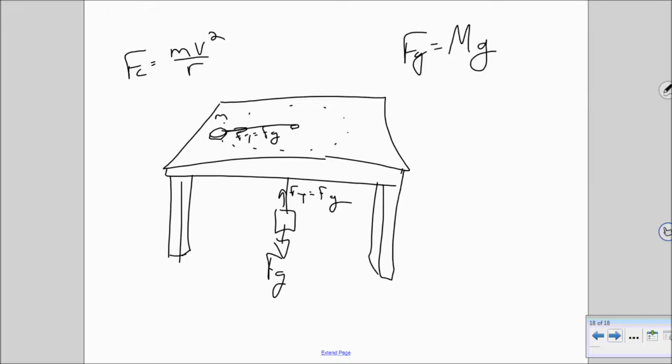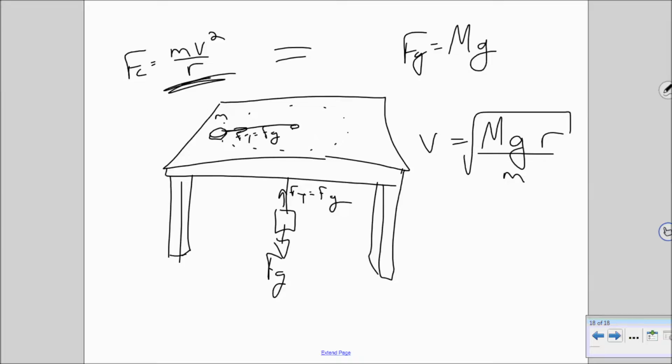What are we trying to find? What speed keeps the cylinder at rest? Yeah, so we're going to solve for v. If you set these two equal, you get v equals the square root of capital M g r over little m. Just set this equal to this, solve for v, and then plug in the numbers.